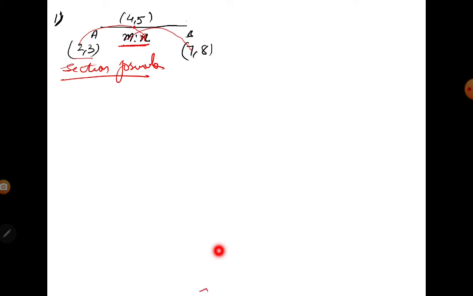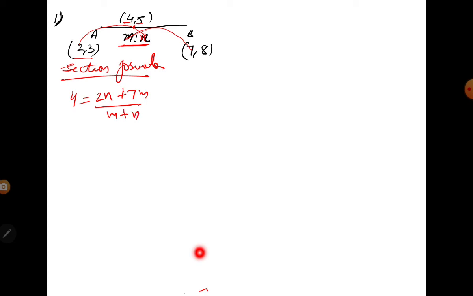It is very easy to remember. So we have to find the x coordinate. We'll multiply both m and n with x only. If we have to find the y coordinate, we'll multiply with y only. So 4, x, is what? 4 equals n into 2, that is 2n, plus m into 7, 7m, upon the sum of the ratio, m plus n.